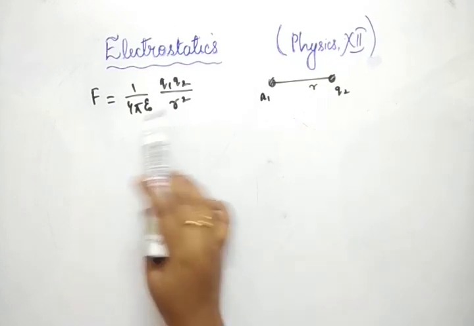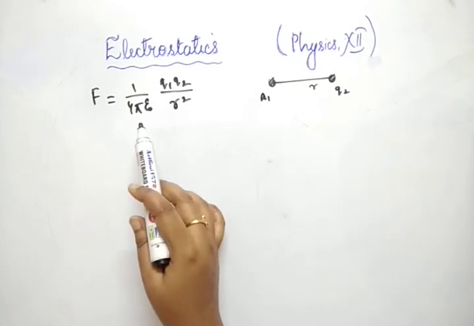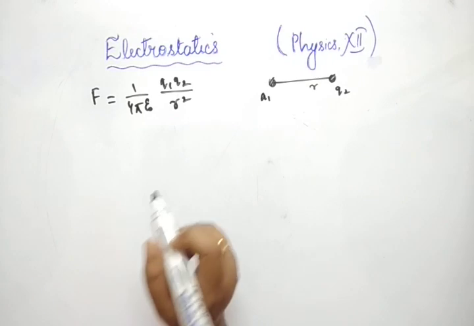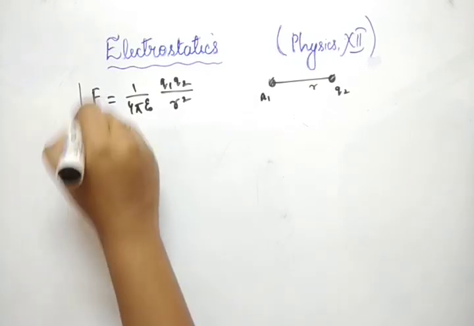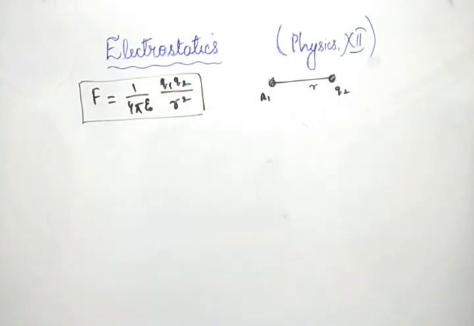This is written in scalar form, all the magnitudes are written. We have not written it in the vector form. So this was the Coulombian force.